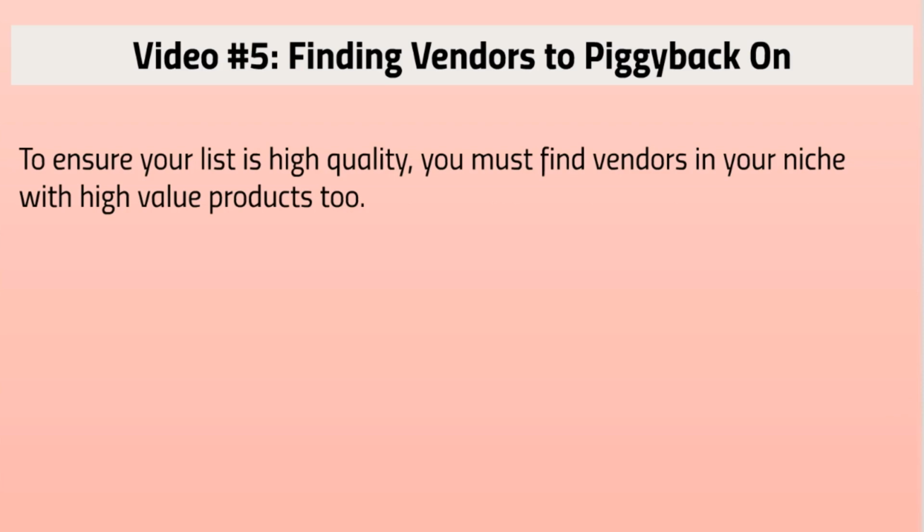So you want to make sure that you attract the customer that can resonate with them, but also resonate with you. If they're the type of person that is looking for high quality material and they're willing to pay for high quality material, that's the type of person that you want on your list.